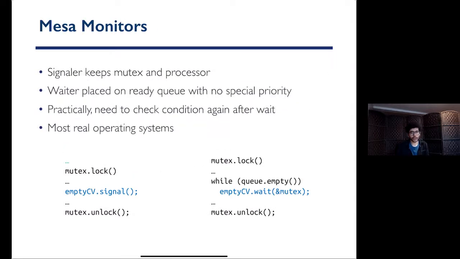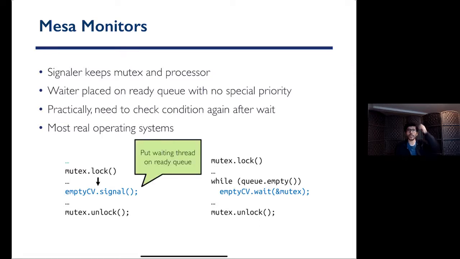Now, compare that with Mesa monitors. In Mesa monitors, when a thread calls signal, all we do is change the state of the waiting thread to ready. We do not context switch immediately. We do not transfer the mutex. We just make that thread ready, and that's it.